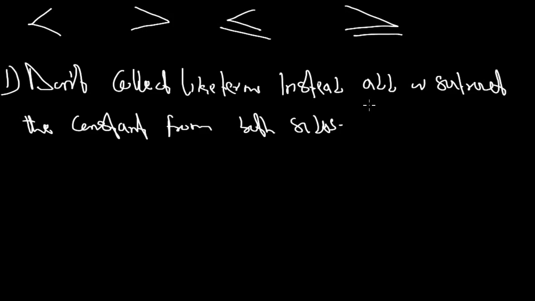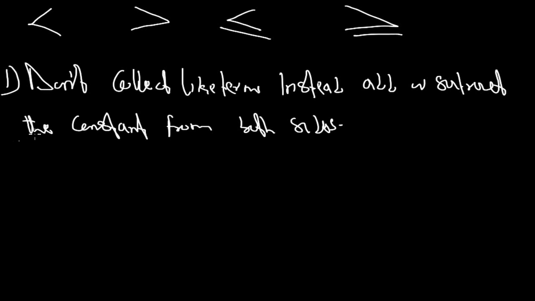Now for the second one, it says that whenever you multiply or divide both sides of an inequality, you are expected to reverse the inequality symbol. I repeat that. Whenever you multiply or divide both sides of an inequality by a negative sign or a negative number, then you are expected to reverse the inequality sign.